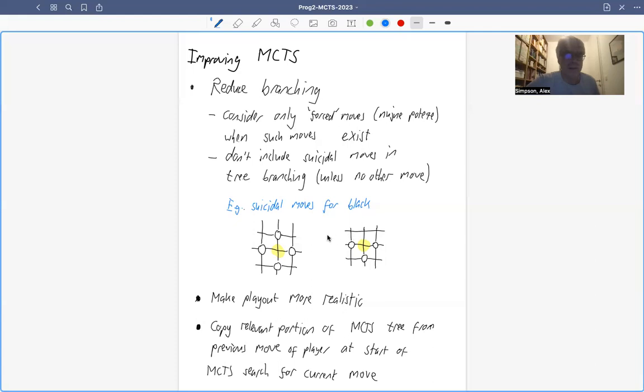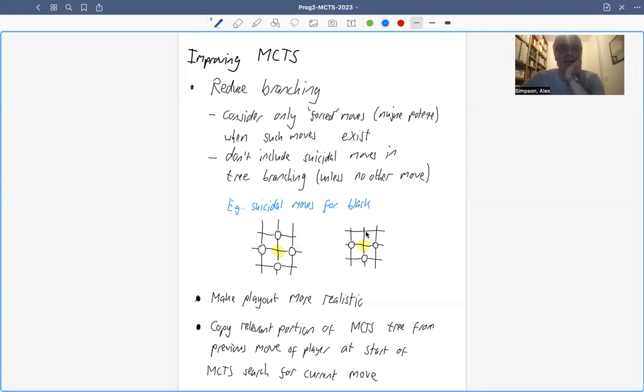Or you get something else that's just as easy to detect, which is playing into a position, like black playing into a position here, where on white's next move, white would simply take that piece. So playing into a position where you can immediately be taken.